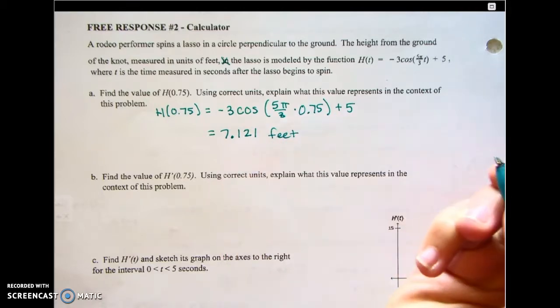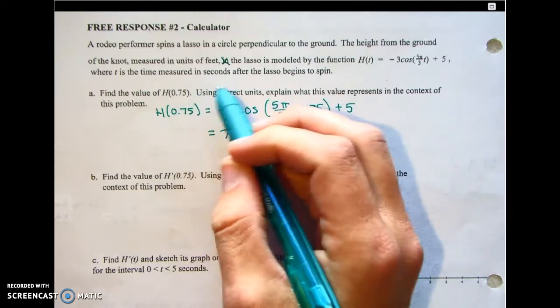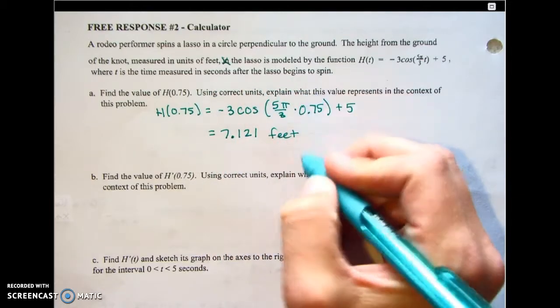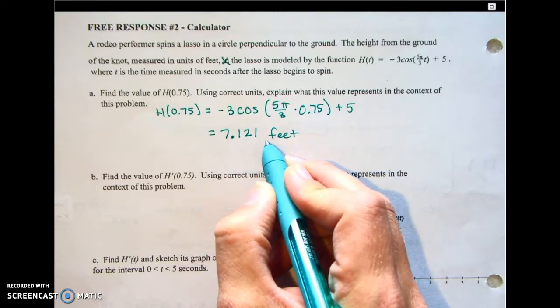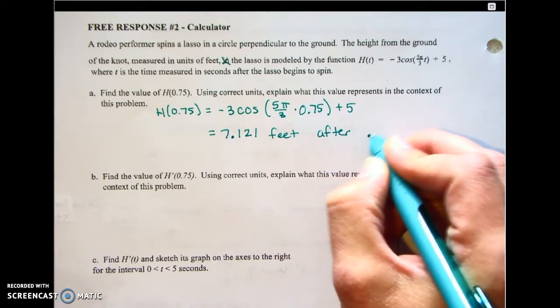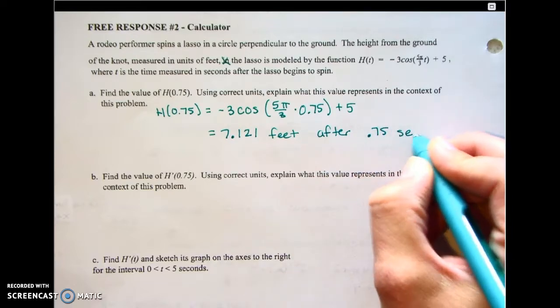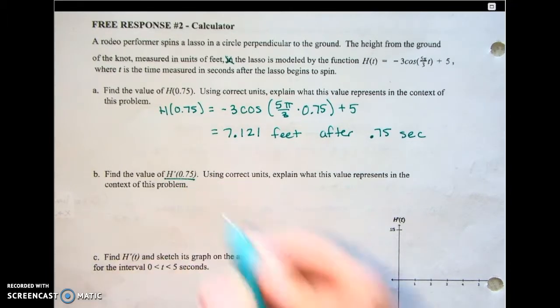So that's in feet. And t is measured in seconds after the lasso begins to spin. So the lasso is 7.121 feet off the ground after 0.75 seconds. Find the value of h prime of 0.75.